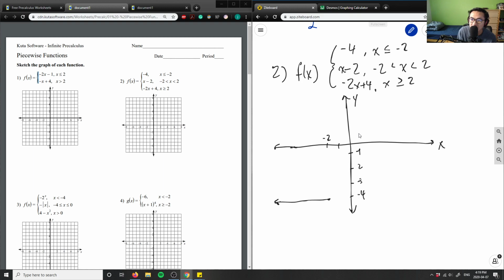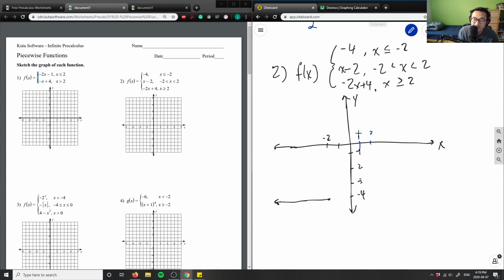My second part, it says here x minus 2, so the function is x minus 2. And it's between -2 and 2, right? So I'm going to say this is 1 here. This is 2. So between these 2 points, I might have x minus 2. So let me see if I have a discontinuity at -2 first.